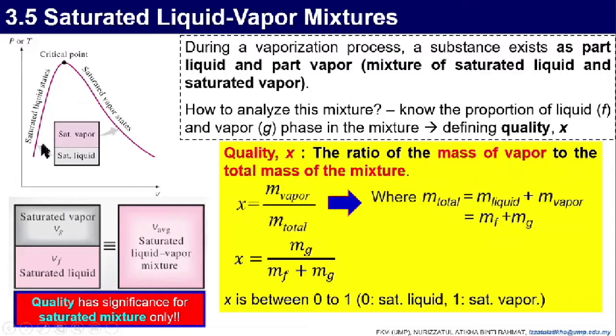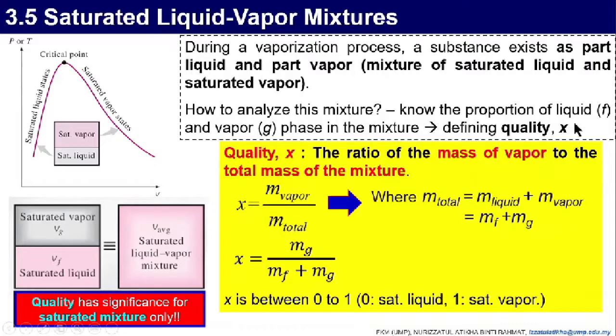You already understand that below this dome, it is a saturated liquid-vapor mixture, so the liquid and vapor coexist in equilibrium. But how to analyze this mixture? How much proportion of liquid? How much proportion of vapor? In order to calculate and analyze that, you have to define the quality.